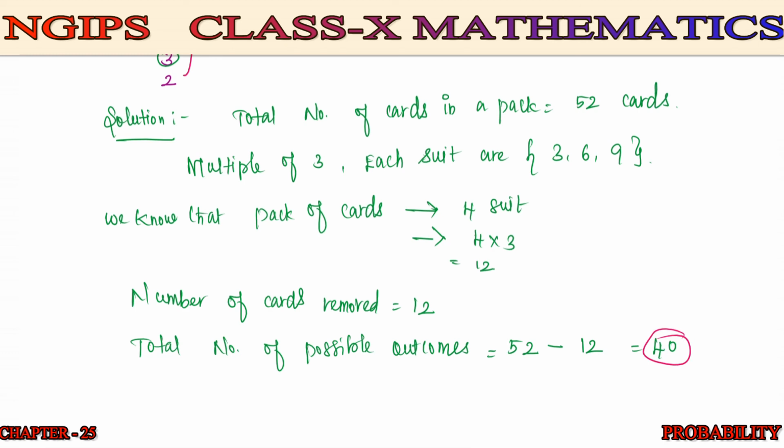The first sub question we have, number of favorable cards. So here we have favorable cards, it is 3 cards. Totally we have 4 suits, so 3 4s are 12, and we need to find out the probability.